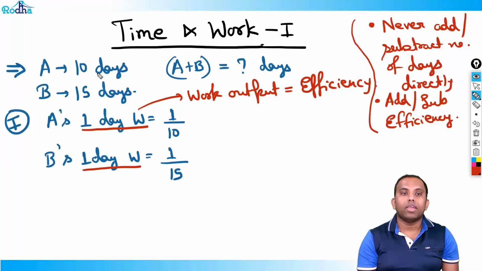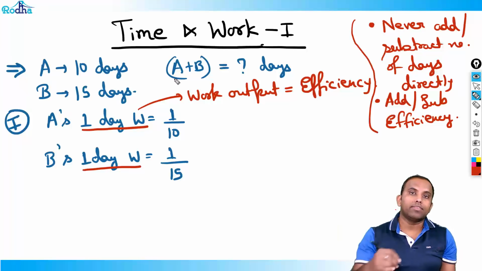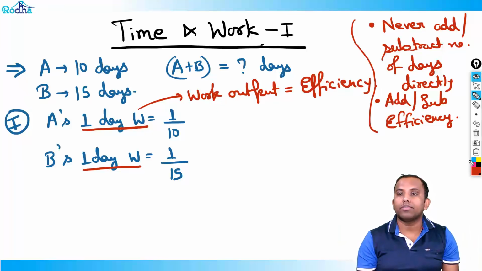That means if A can do a work in 10 days and B can do a work in 15 days, and the question is in how many days A and B together will finish the work, my answer can't be 10 plus 15, 25, right? Because obviously if A can do a work alone in 10 days, when B joins him, he will take obviously less than 10 days now to do the work. That's why we always add and subtract efficiency. We never add and subtract number of days.